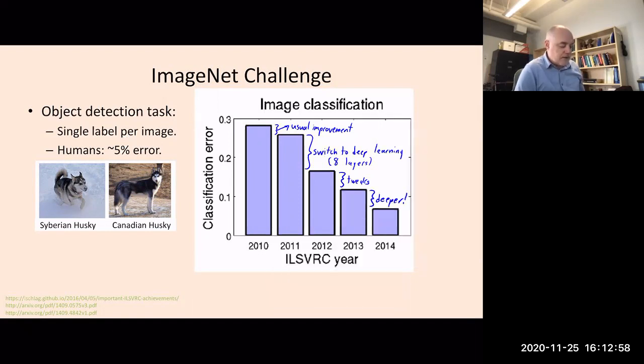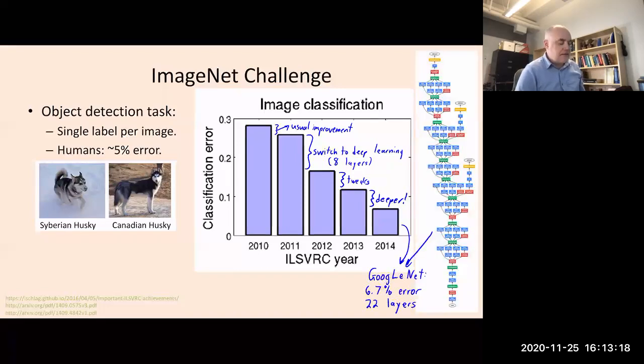There were some tweaks to this model, and deeper models were introduced, and in the span of 3 years, which is no time at all in the span of vision and modern artificial intelligence and machine learning, we went from very subpar relative to human performance to basically near human level performance on this task. And this 2014 model is GoogLeNet, 6.7% error, 22 layers, okay? And this is what I mean by a deep neural network.